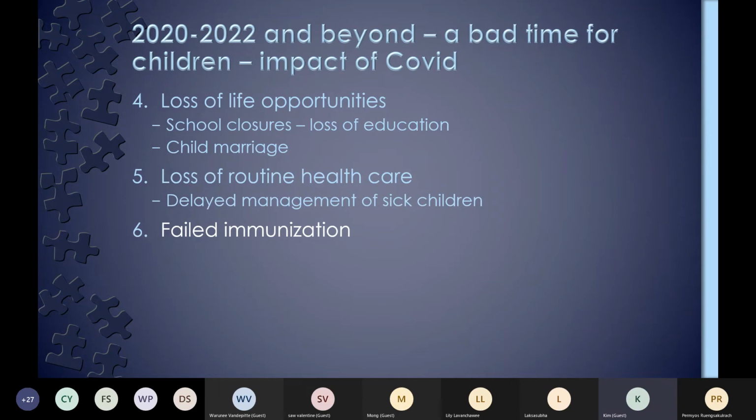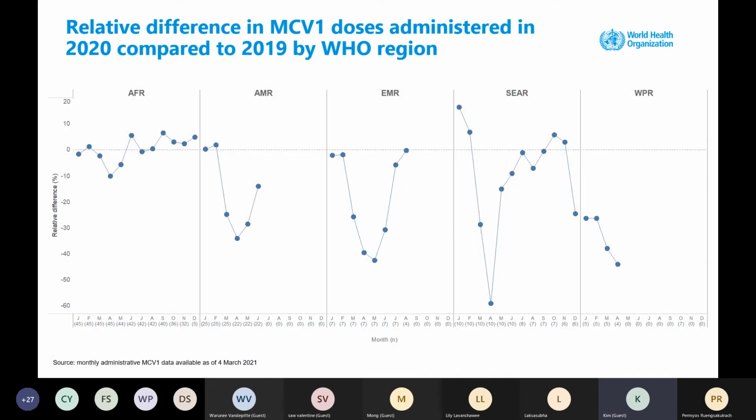Our next obvious one is failed immunisation, and WHO has paid a lot of attention to this. This picture is a little bit hard to look at. It's a WHO graph which highlights the first year of the pandemic, and it's measles vaccination, first measles dose, measles-containing vaccine number 1.